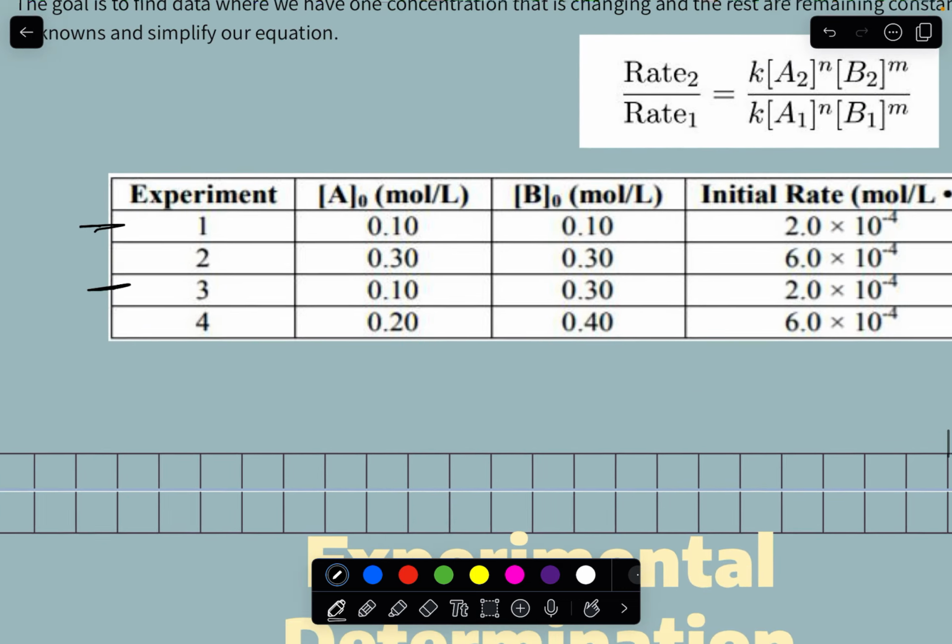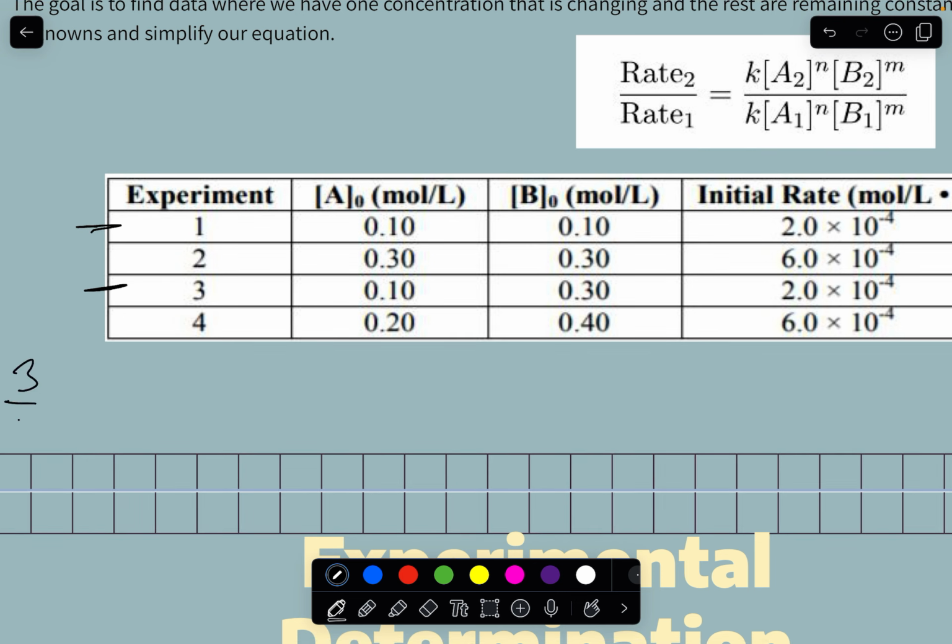So rate equals K times the concentrations. Our rate for 3 is 2.0 times 10 to the negative 4 equals K. Concentration of A is 0.10. I don't have the exponent, so I'm just going to put a lowercase a there. And then concentration of B is 0.30. I don't have an exponent, so a lowercase b.